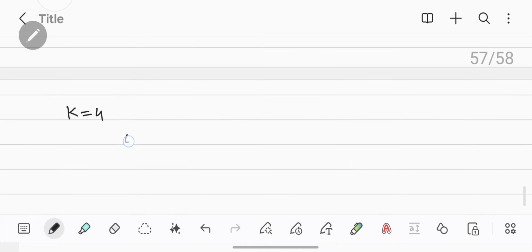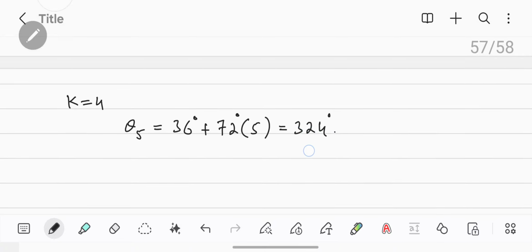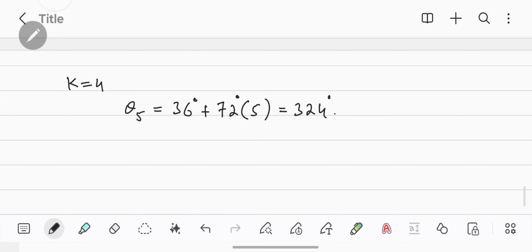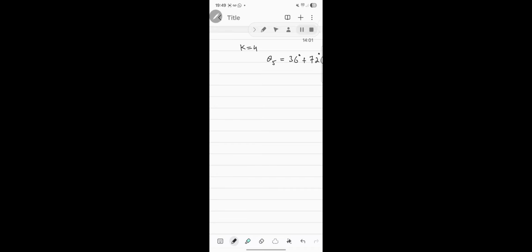Now for k equal to 4, theta 5 equals 36 plus 72 times 4. If you calculate it from the calculator, you will get 324. These are 5 different angles.